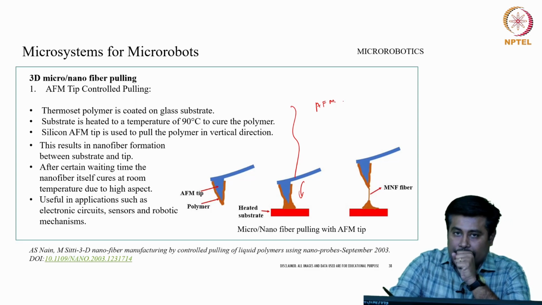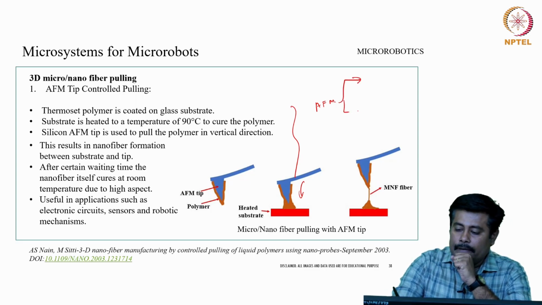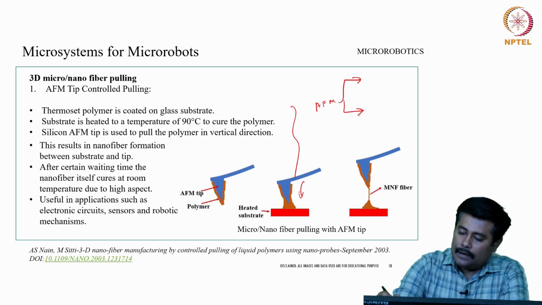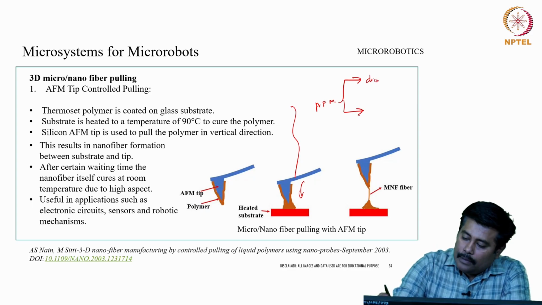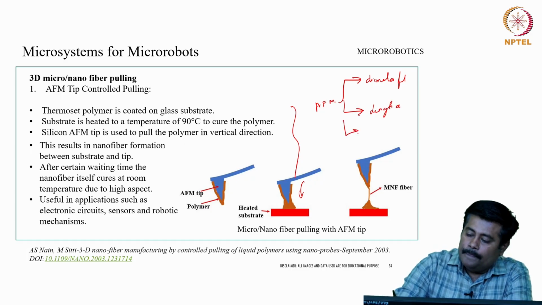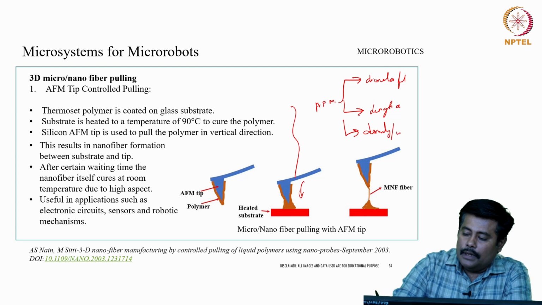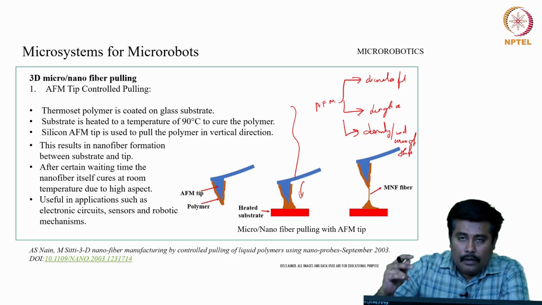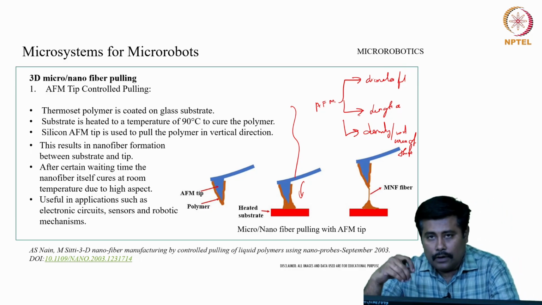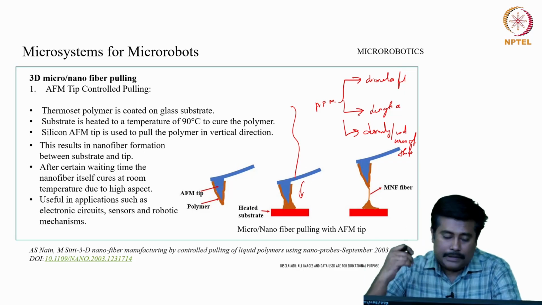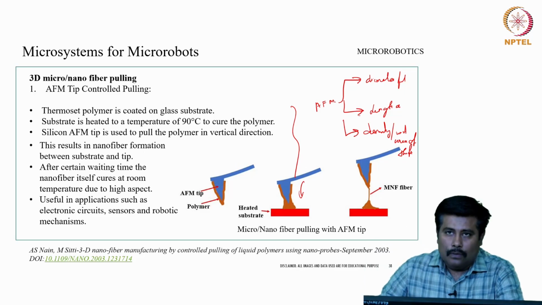Some of the key parameters taken into consideration are the overall diameter of the fiber, the length of the fiber, and the density per unit area of the fiber, which will heavily contribute towards the manipulation that is exhibited over here.